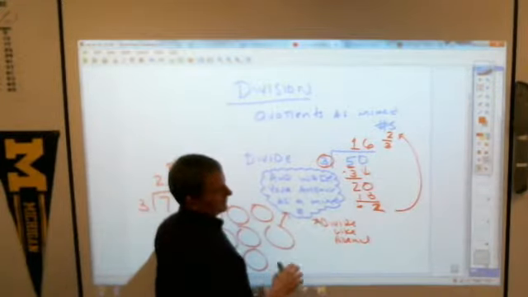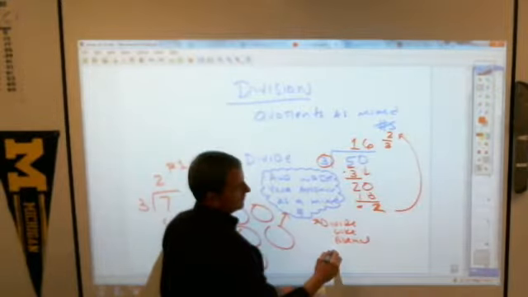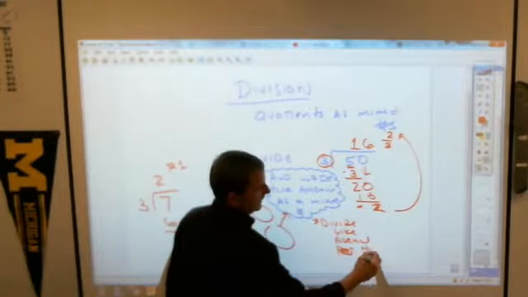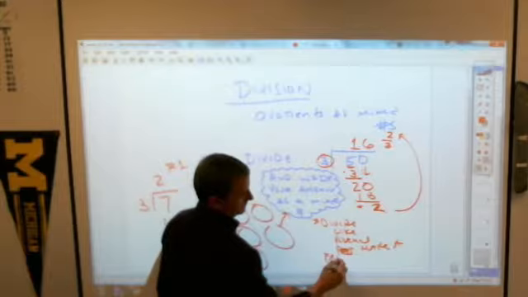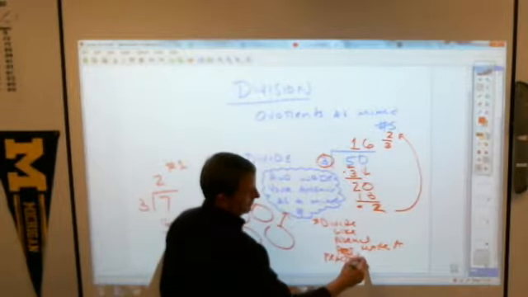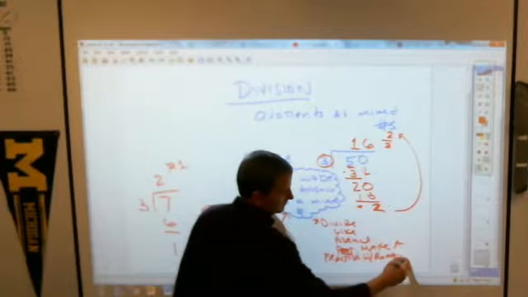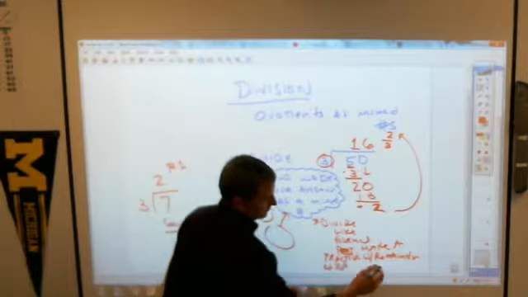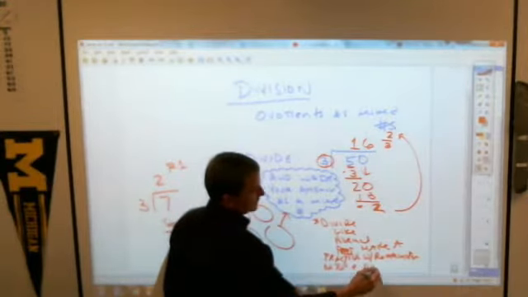So the gist of this is: rather than only dividing like normal, write this down. You take your remainder, make a fraction with the remainder on top, and the divisor on the bottom.